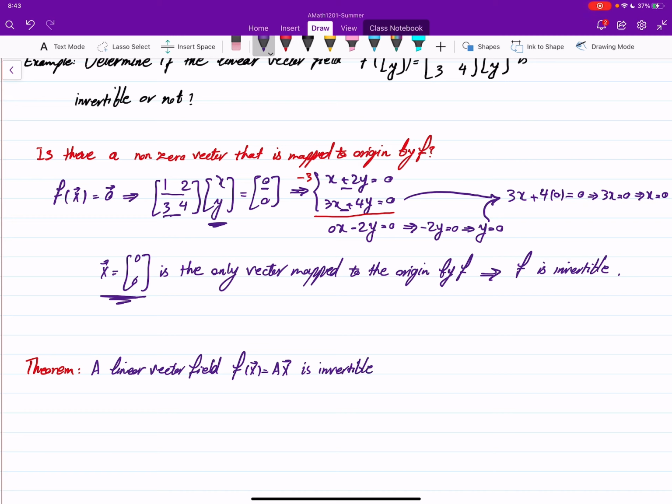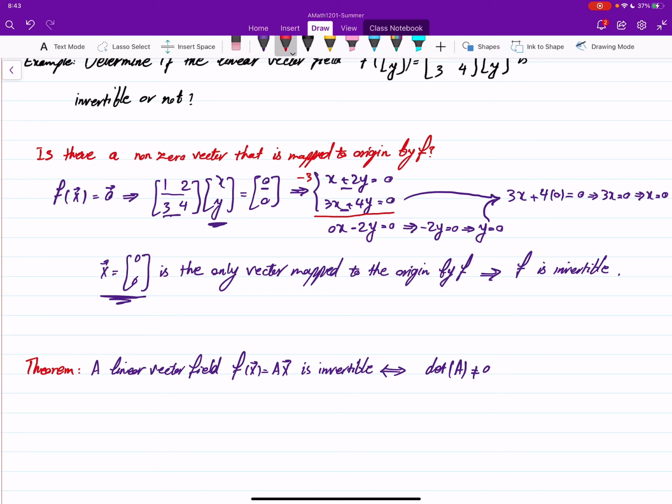I want to make it simple so that I can check not only for the R2 case but R3, even Rn, and that is given by this simple magical number, and you know that magical number, that's the determinant. Find the determinant of the matrix. If it is 0, then that matrix, that linear vector field is not invertible. If it is non-zero, it is invertible.